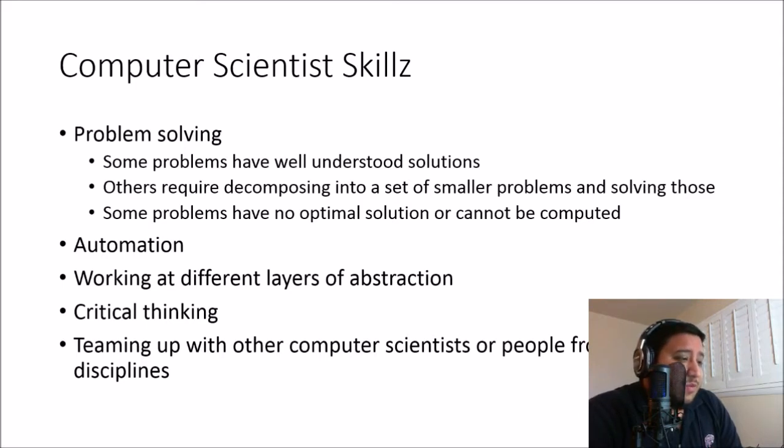So one other tool you'll need is critical thinking, and that is looking at a problem and examining all aspects of it. So let's say your problem is writing a grade book, and you know it is a universal truth that no grade can be less than 0 or more than 100.